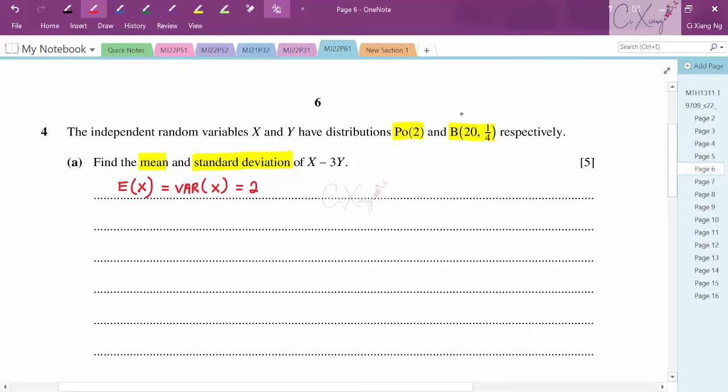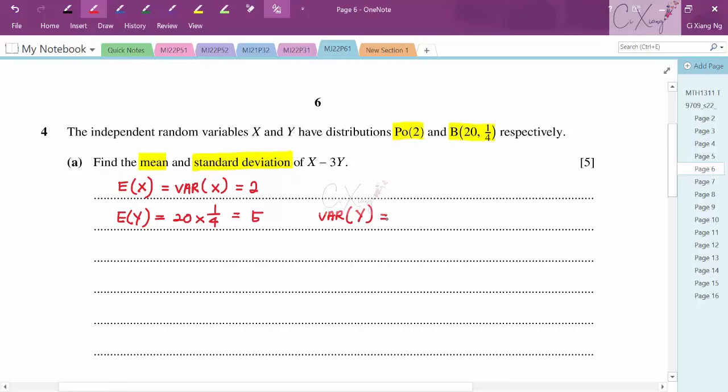Okay, then y is binomial distributed. To get the mean for y, generally we are using n times p. So n is the first value here, which is 20, and p is 1/4. So when you take n times p, I will get 5. So this is the mean of y. And we also need to get the variance of y.